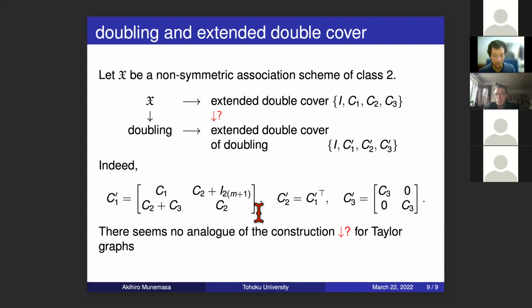But so far we were unable to find it. I don't think there is such a construction, because that would mean that given a Taylor graph, you always get a Taylor graph with twice the number of vertices, and that doesn't seem to be the case.